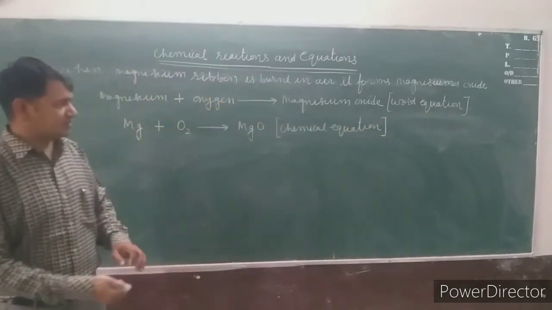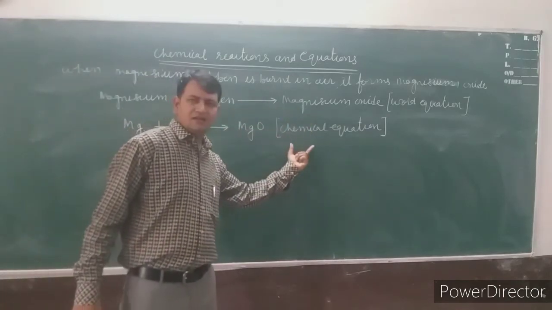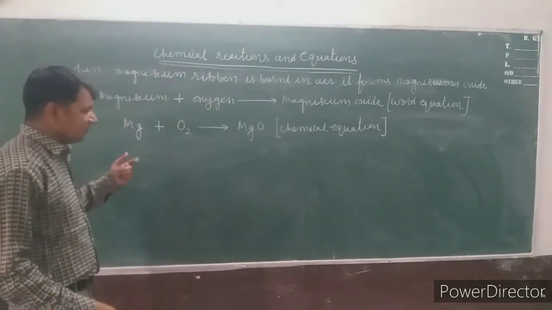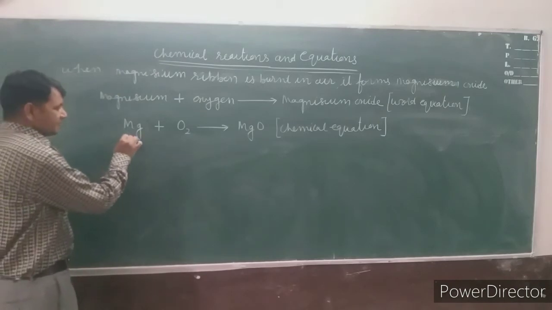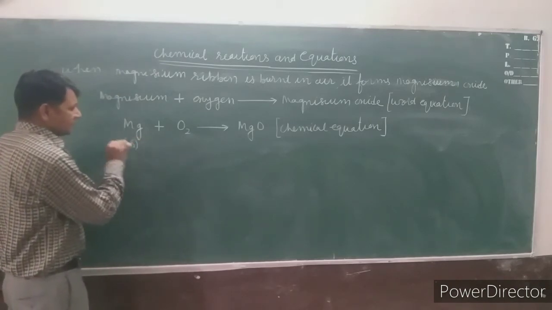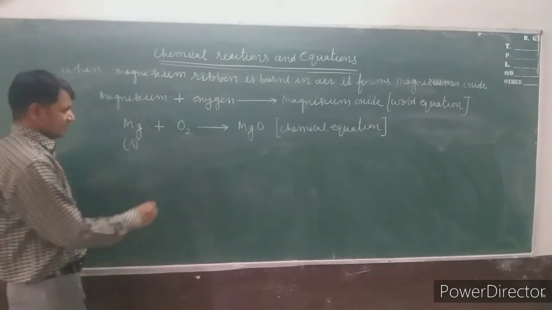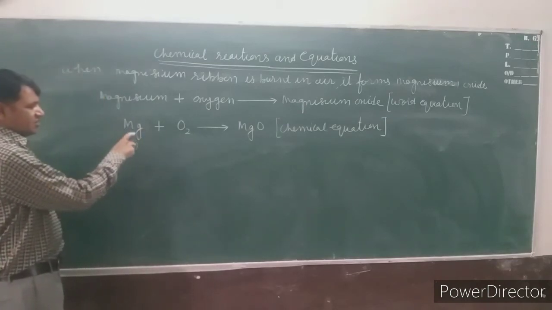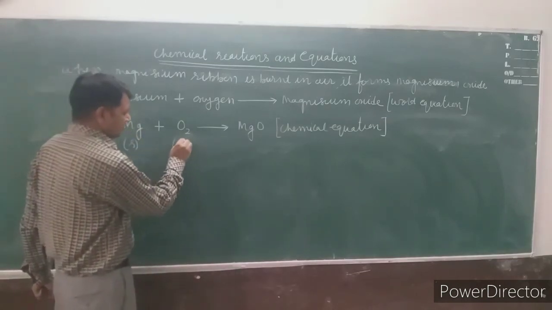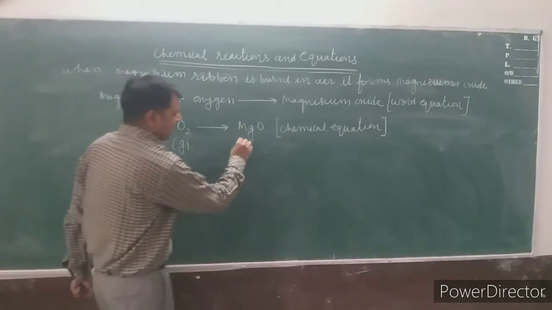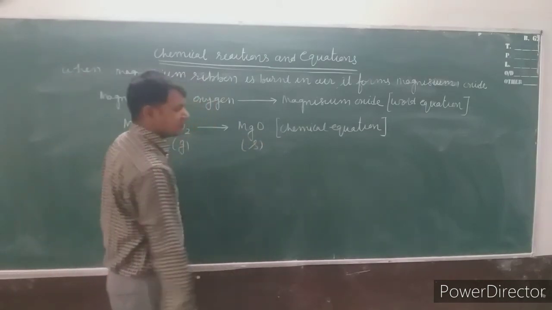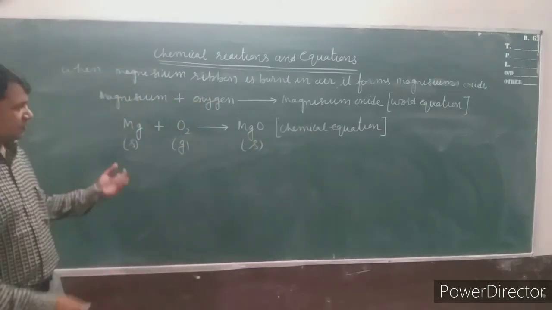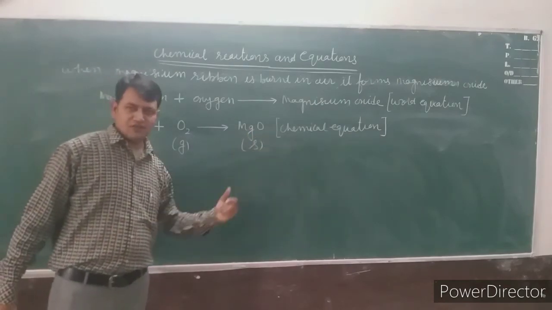This is the basic difference between word equation and chemical equation. When we write the chemical equation, it is necessary to write the physical state of all the substances. Magnesium is present in solid state, oxygen in gaseous state, and magnesium oxide forms also in solid state.